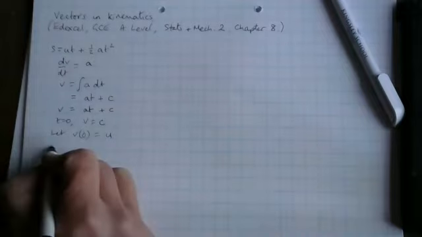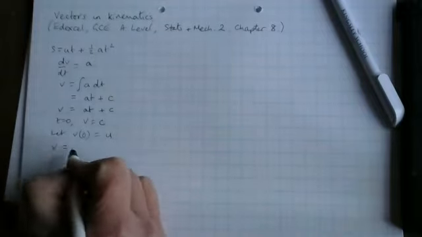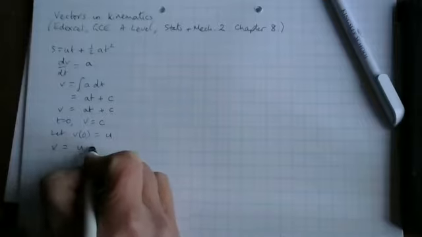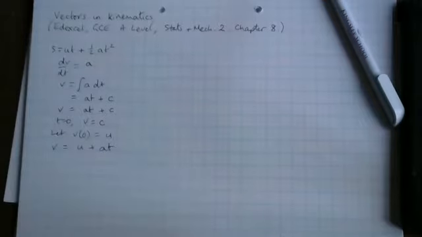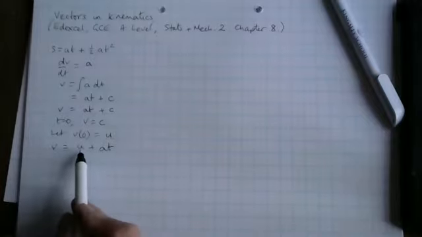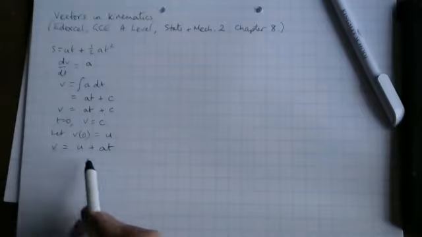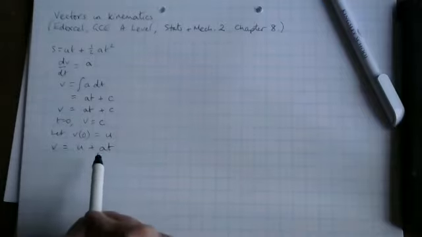So we've got v equals u plus at. That one is true. So that's a formula that is true. If we start off with velocity of u, then v after time t is given by u plus at.